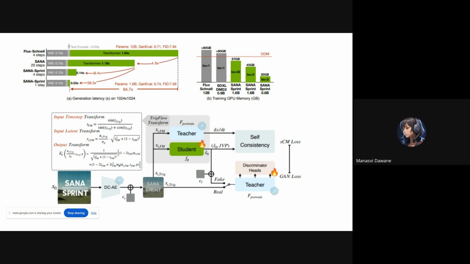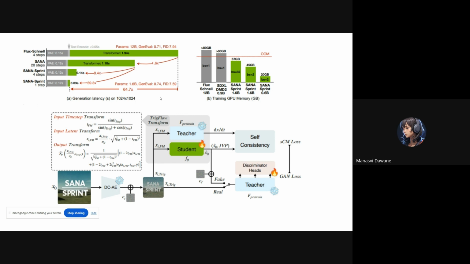Next, there are three transforms. Now, why do we need these transforms? I'll explain it later. But first, there are three transforms. First is the input timestamp transform. This is the formula. It converts the time steps from TrigFlow format to flow matching format.